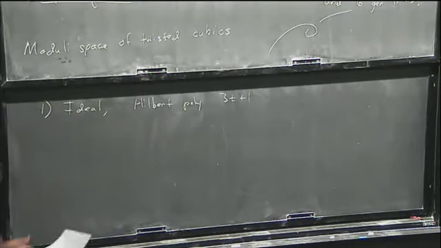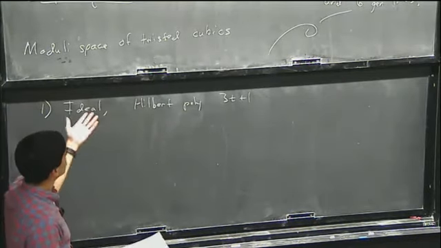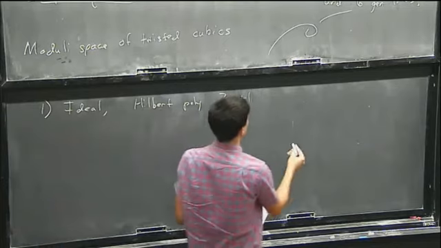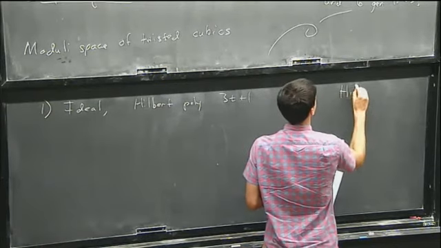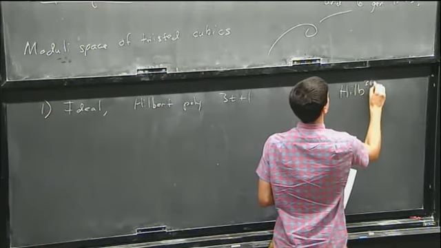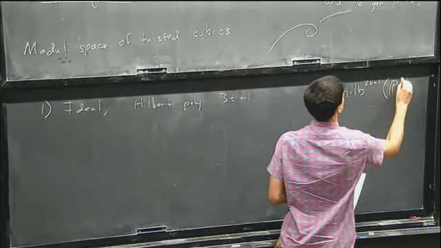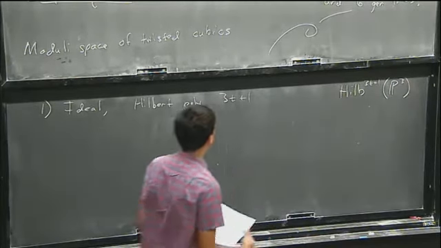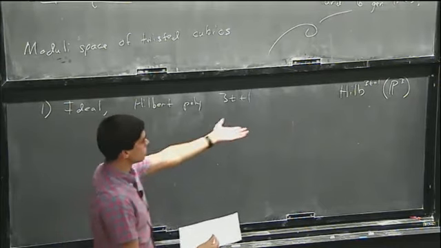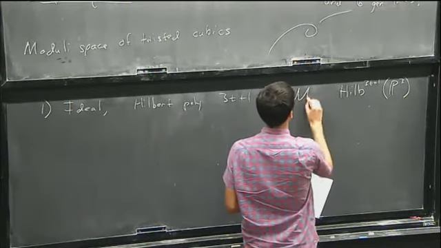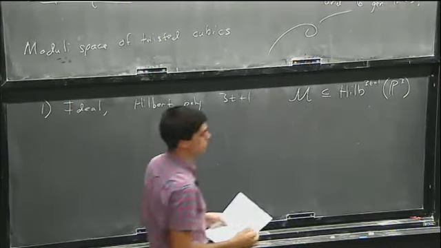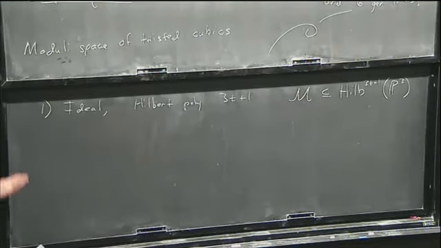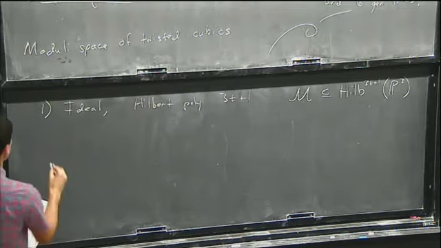And so a twisted cubic corresponds to a point in Hilb 3t plus 1 of P3. The space of all twisted cubics will give you an open subset of this Hilbert scheme. So this is one way to get a handle on this moduli space.